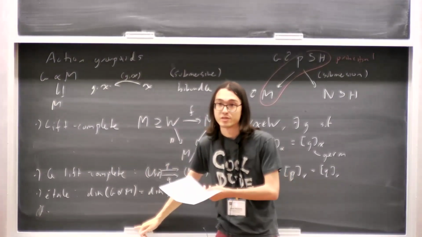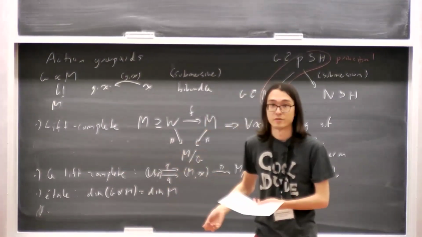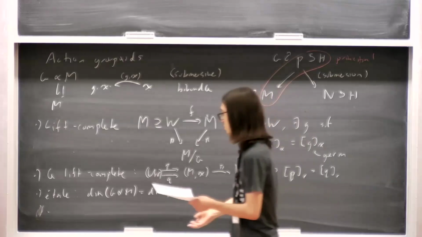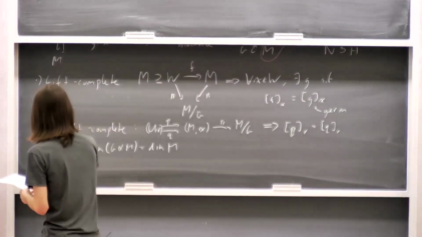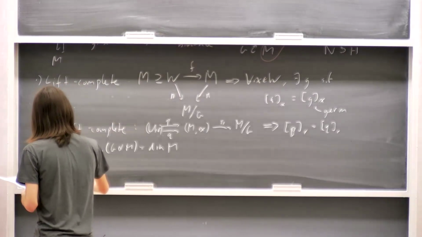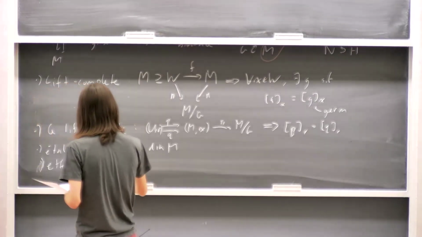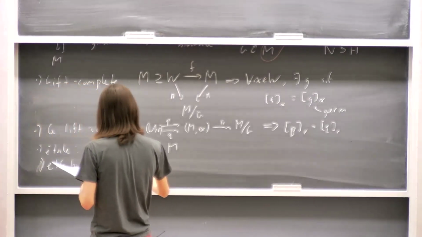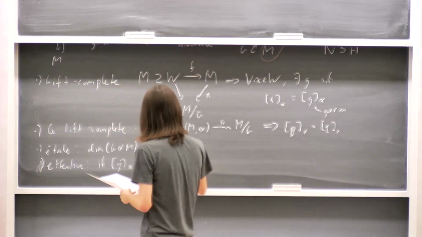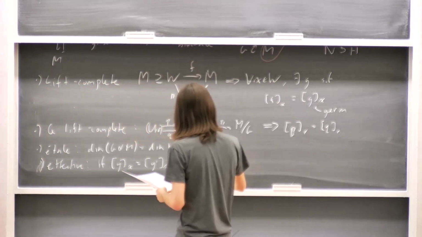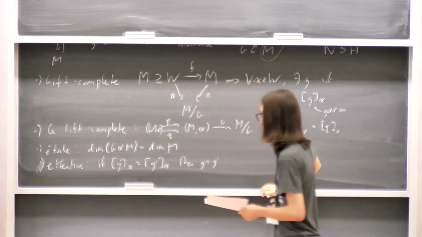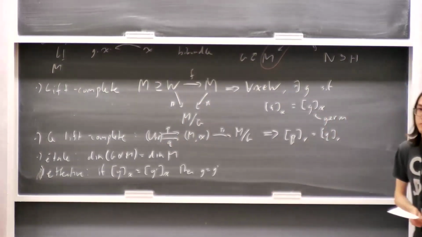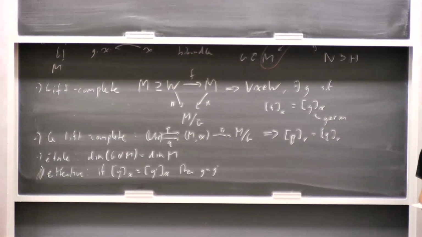So no two group elements have the exact same effect on your manifold. I'll write it down. So effective is that if Gx is G'x, then G equals G'. Okay, so I have 4 minutes.